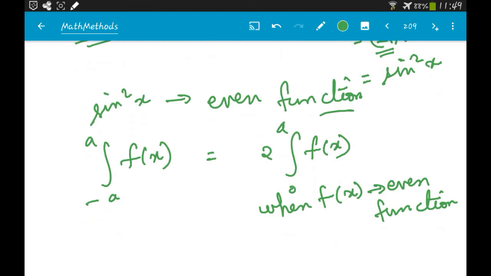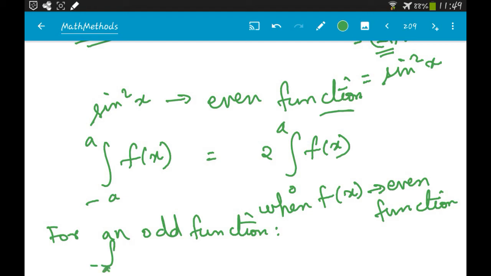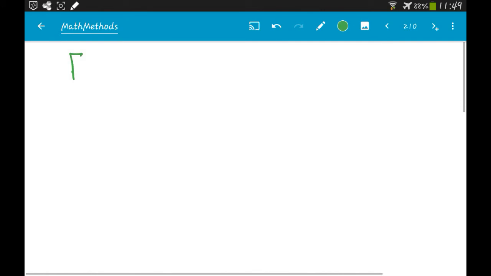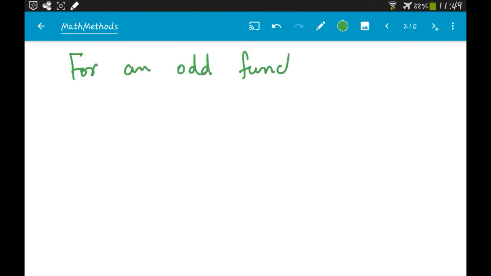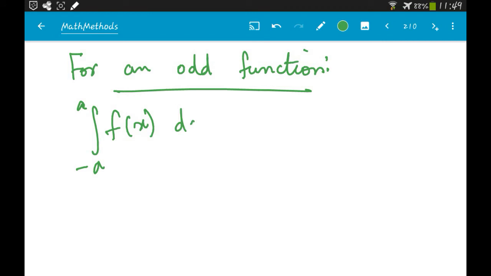But for an odd function, what happens? Let me write it on the next page. For an odd function, the integral from minus a to a of f of x dx will become 0.